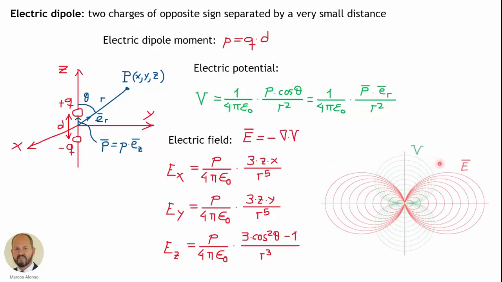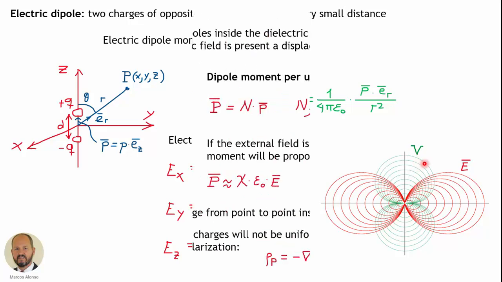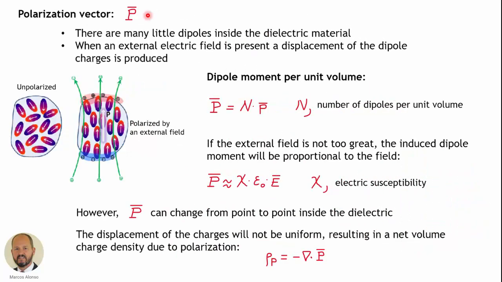And here in this diagram we have the lines of the electric field in red and the lines of constant electric potential in green. An important vector to study the behavior of dielectric materials is the polarization vector.